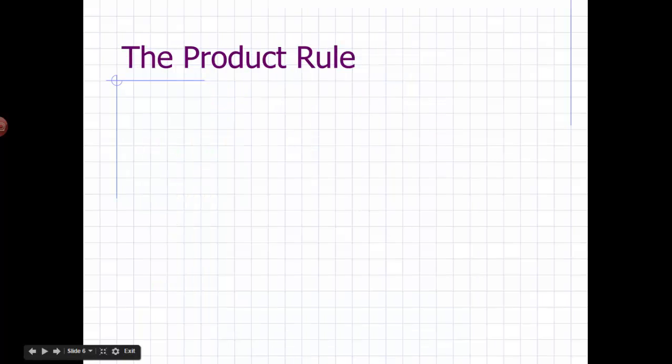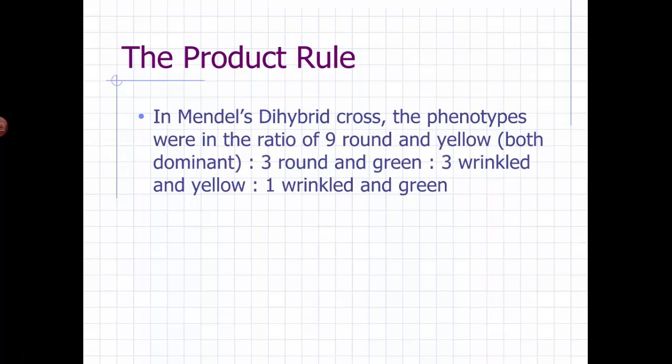You can use something called the product rule. So we know about this phenotype ratio: 9 with both dominant traits, 3 with one dominant and the other one recessive, another 3 with the opposite combination, and then 1 out of every 16 will be both recessive.